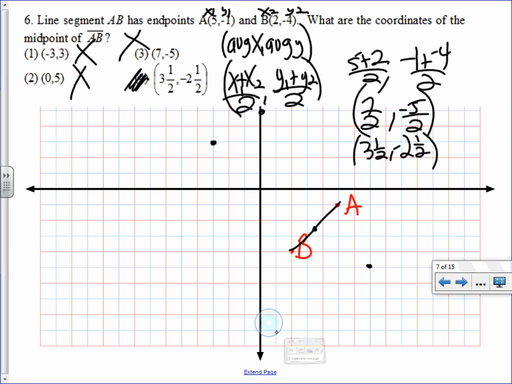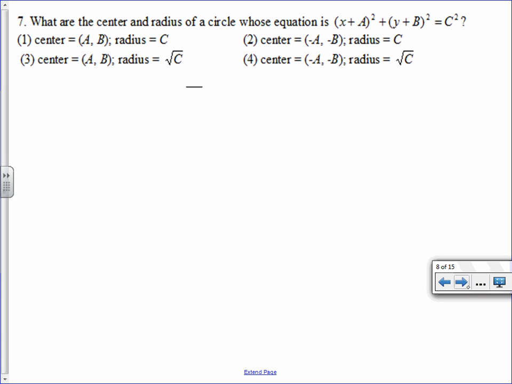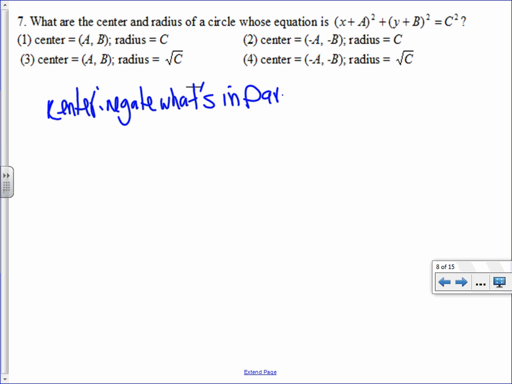Okay. Equation of a circle. Remember, for the center, negate what's in the parentheses. So, -a, -b.